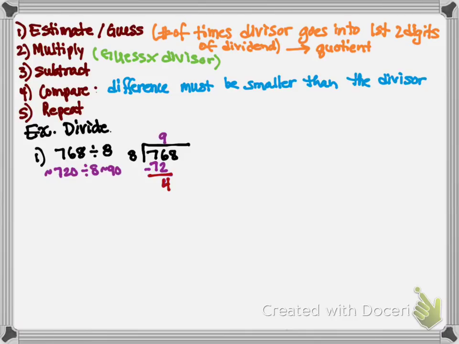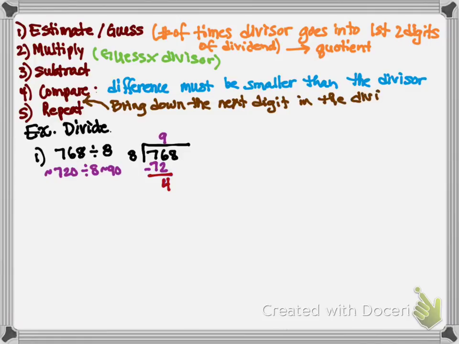Now, one of the things I didn't mention that squeezes in here is that you are going to bring down the next digit. Generally speaking, we are dividing into a 2-digit number.